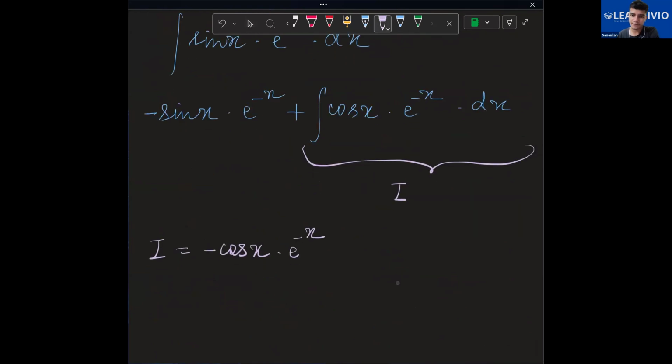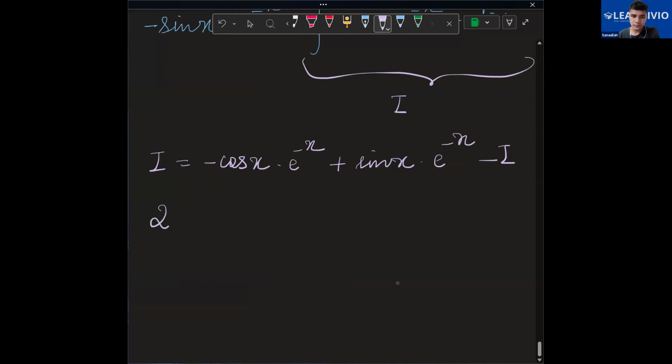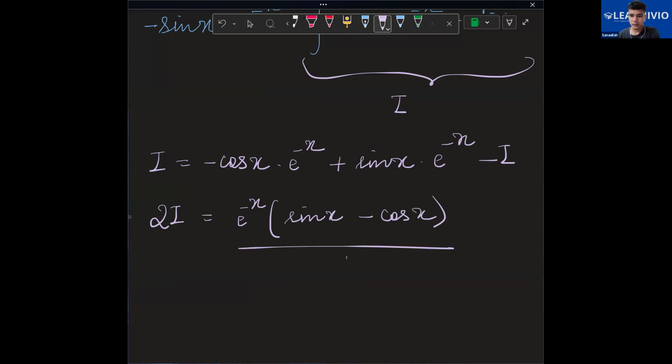Minus minus plus, sin x e power minus x, and minus I. So I'm getting 2I is equals to, you can take e power minus x as common, sin x minus cos x, over 2.